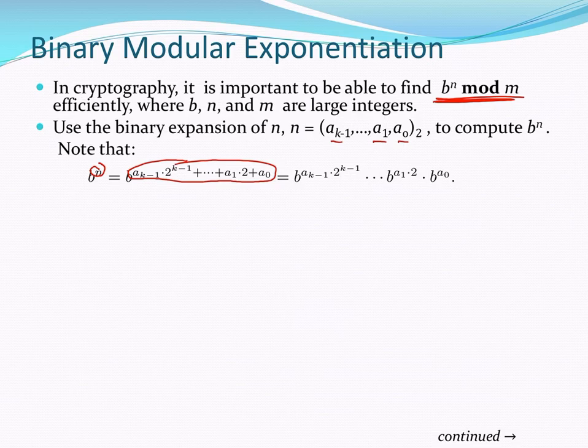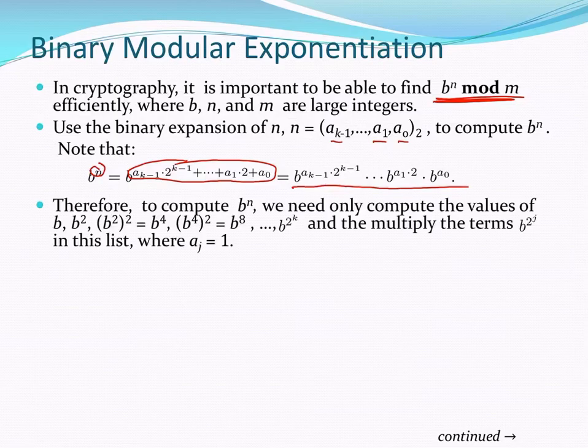And since this is a sum, I can break the exponent into a product of b raised to each of the powers of 2 for which the bit is a 1. And then, in order to compute b to the n, we only need b squared, b to the 4th, b to the 8th, as needed to calculate the binary power.